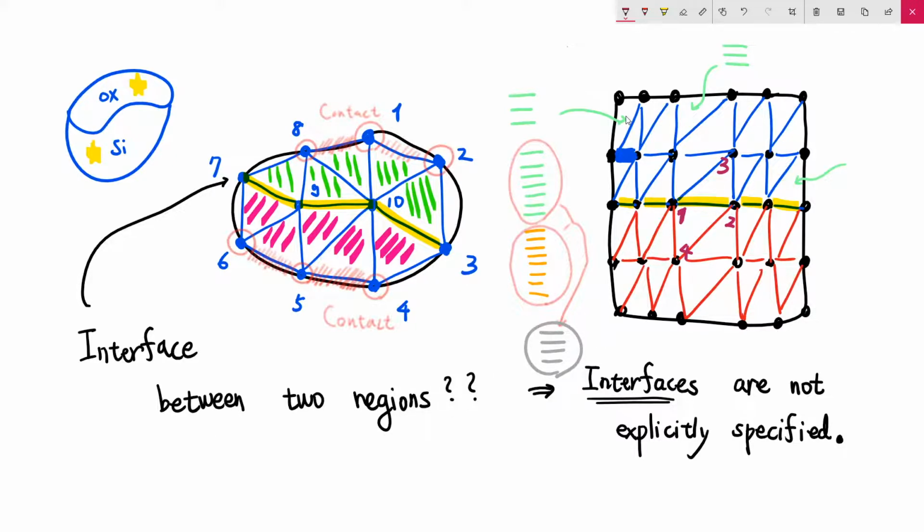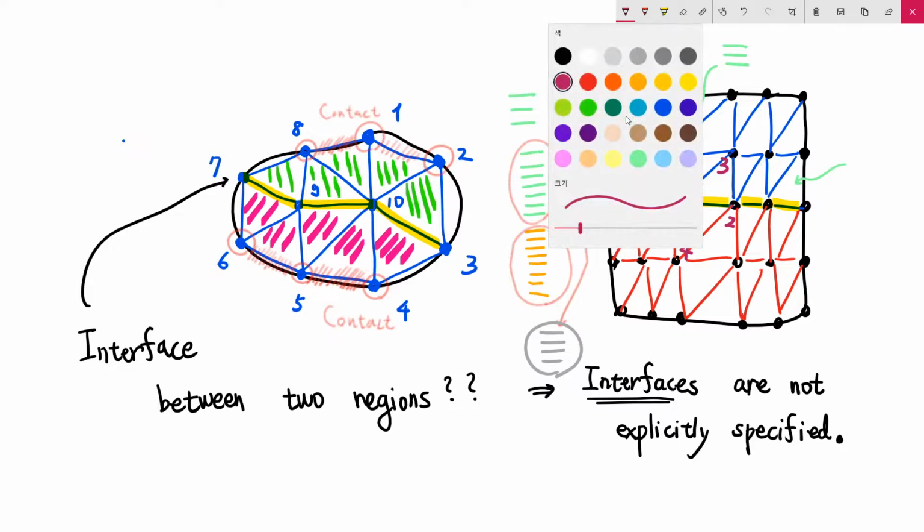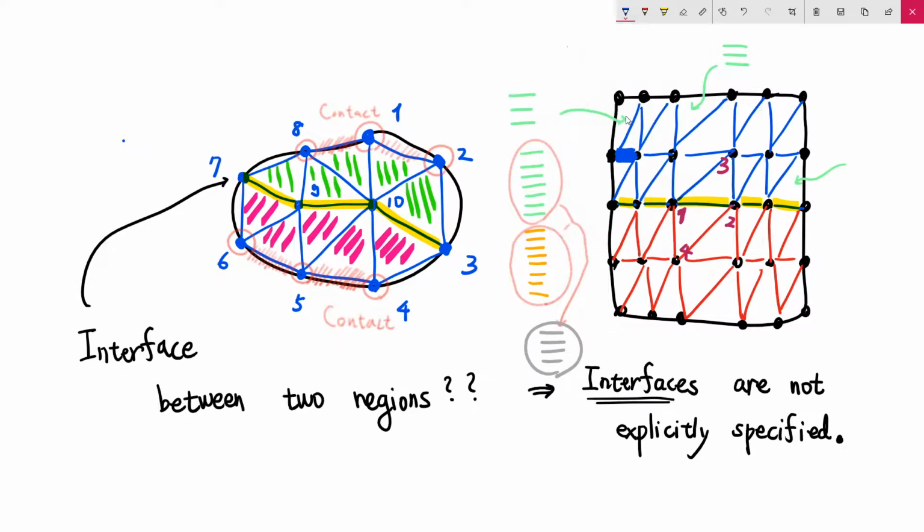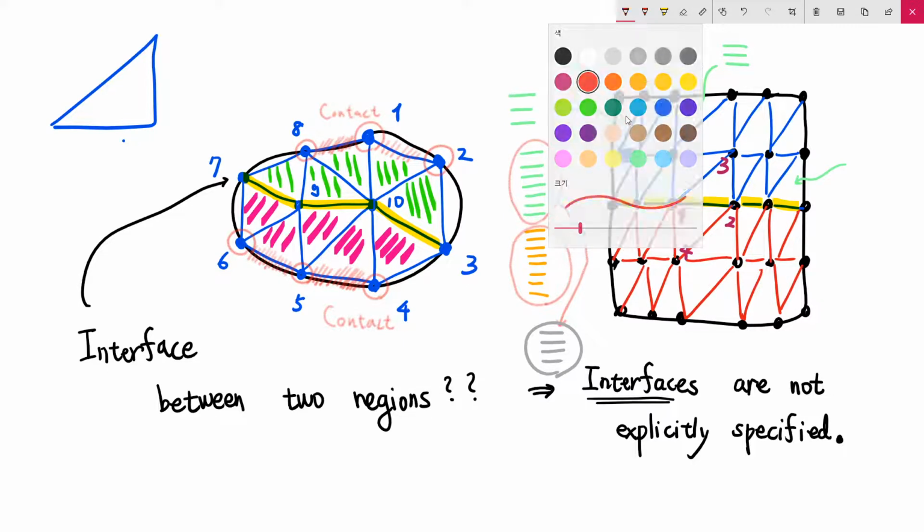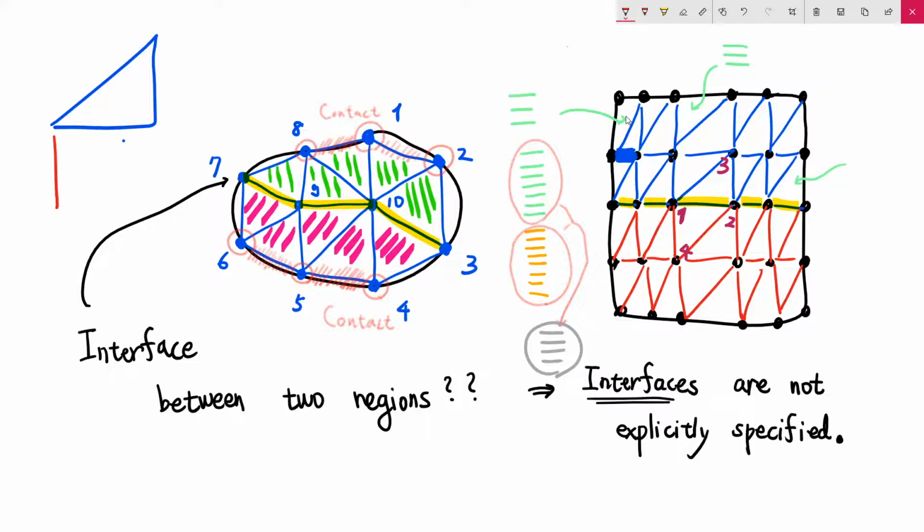Then let's consider magnified view on this small piece, and obviously we will have the interface.